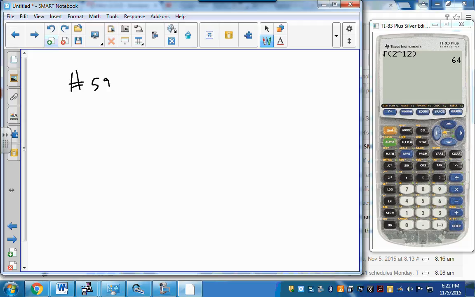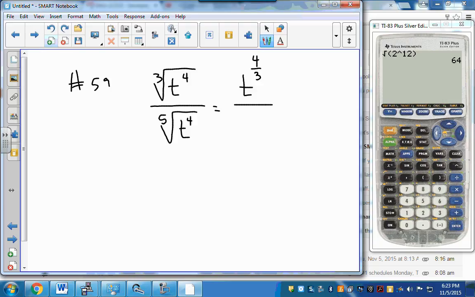59, we've got the cube root of t to the 4th. Here they put the 4 underneath, divided by the 5th root of t to the 4th. So let me write this as t to the 4/3 and t to the 4/5.